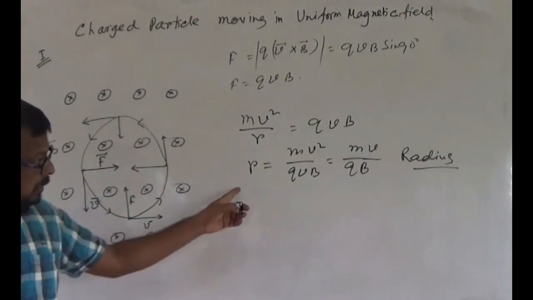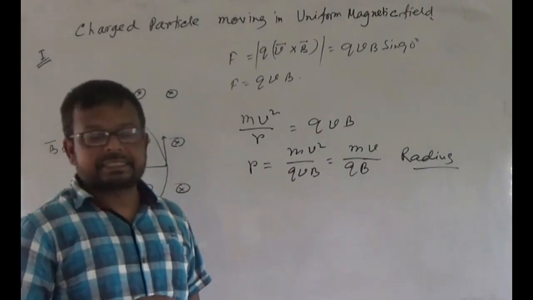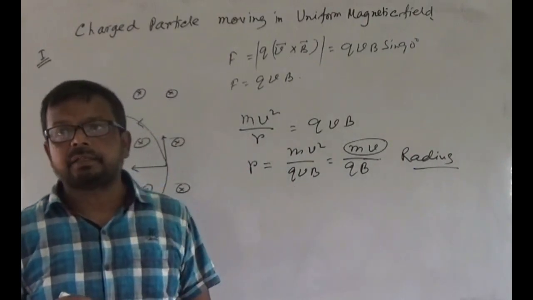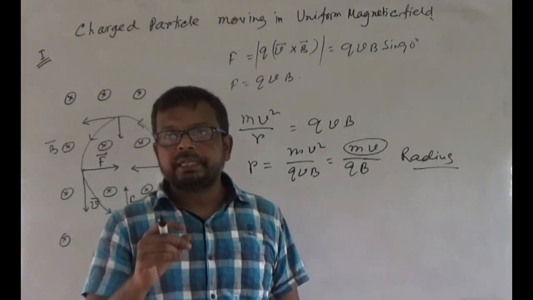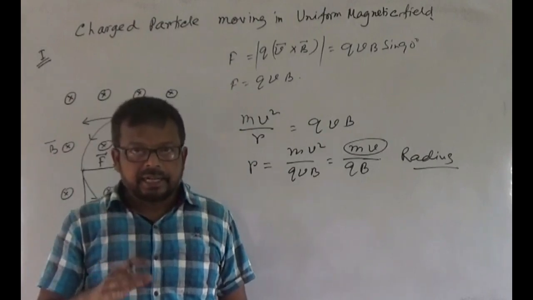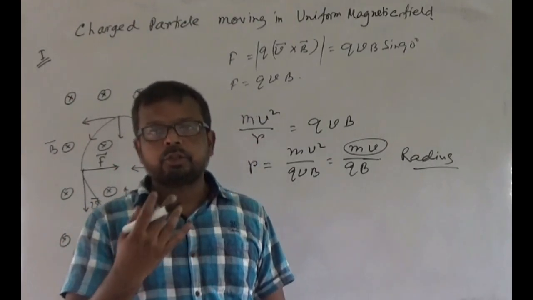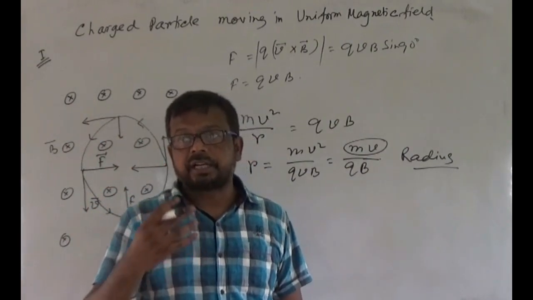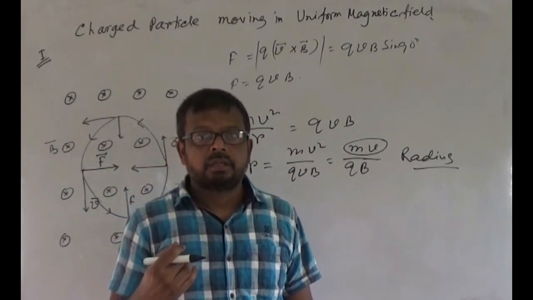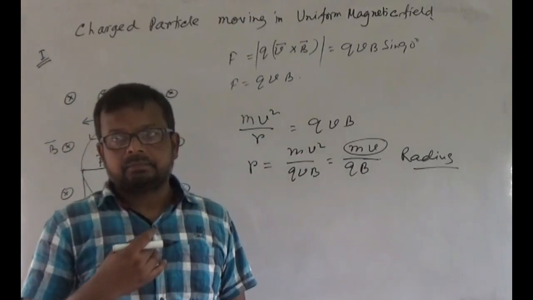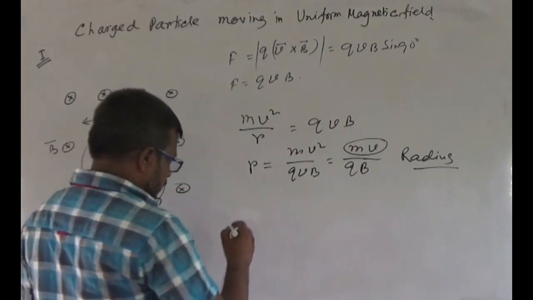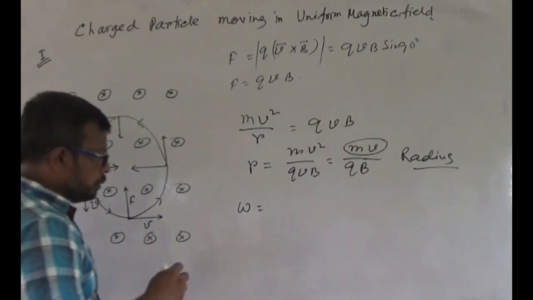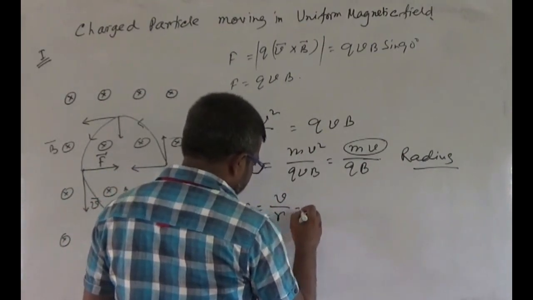Now see here, the radius of the circular path is directly proportional to the momentum of the charged particle. The larger the momentum, the larger will be the radius, and the bigger the circle described. If omega is the angular frequency, we know that omega is equal to v by r.